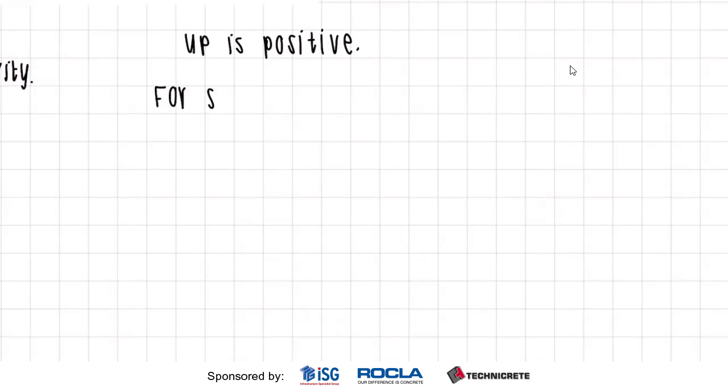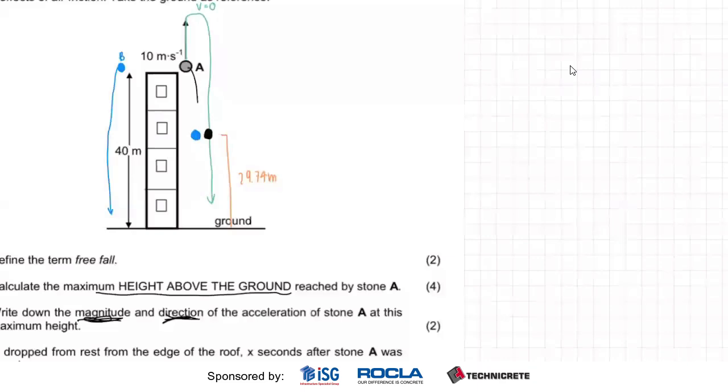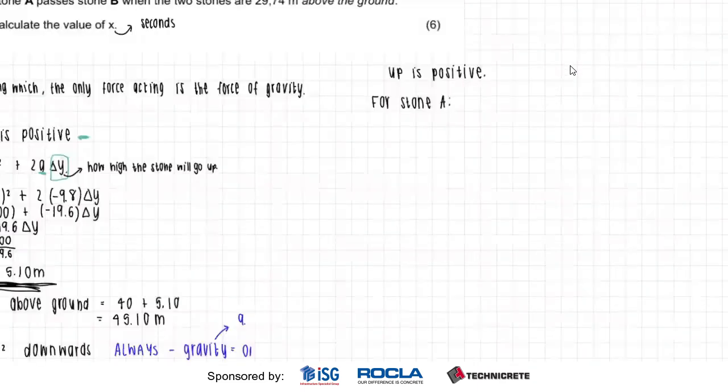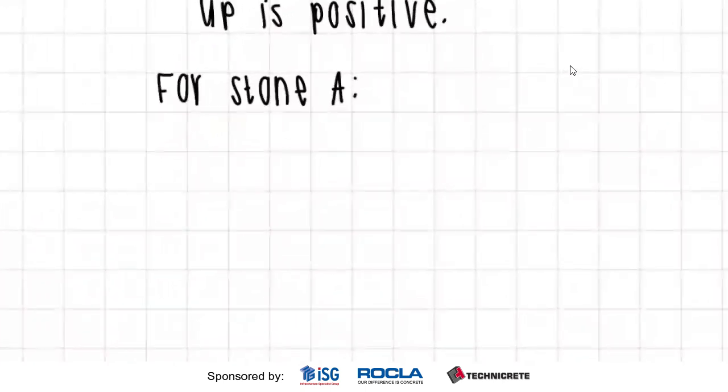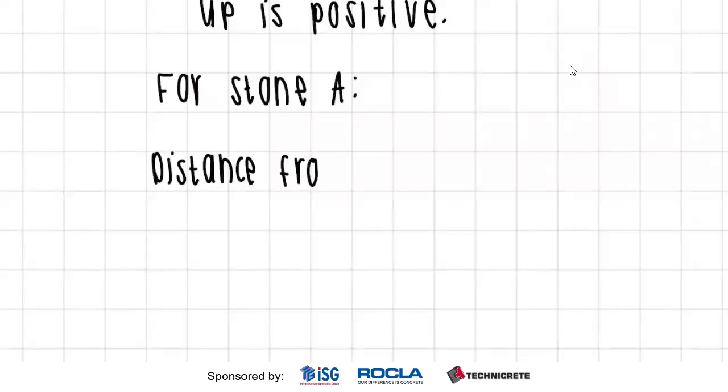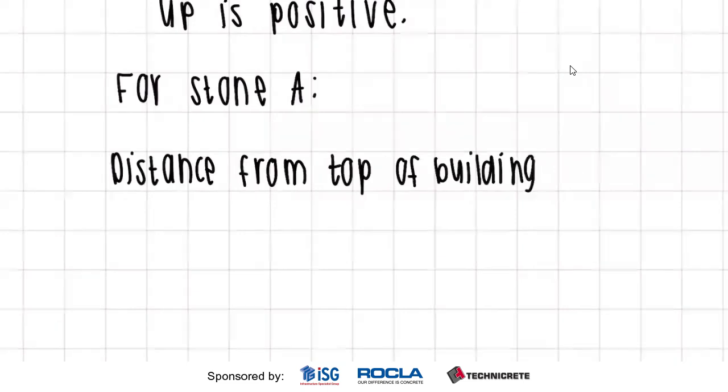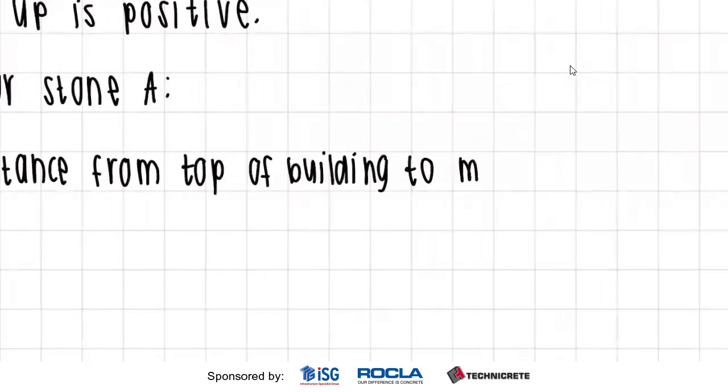So for stone A, the distance that stone A travels from the roof to the meeting point, we want to know how much that is. What is this distance that stone A traveled? Distance from the top of the building to the meeting point.